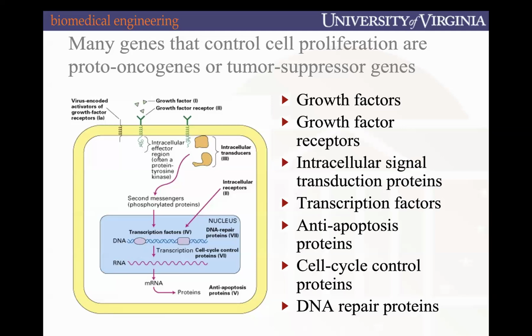And in addition to that, we also have DNA repair proteins, where if there's some sort of mutation present in those DNA repair proteins or in cell cycle proteins as well, those mutations have been identified to have a much greater likelihood of leading to and being connected to cancer.